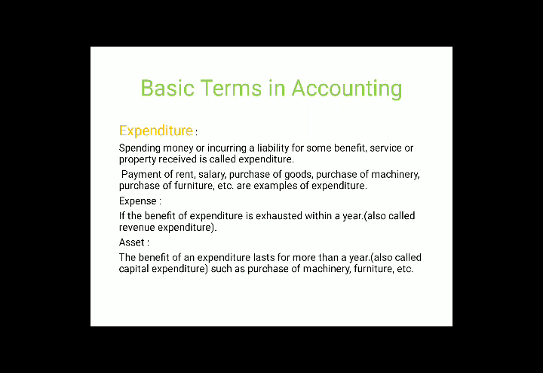There are two kinds of expenditure. If whatever you are acquiring is exhausted, used within a year, it is called revenue expenditure. Revenue expenditure will include your petrol expenses, your electricity bill, the rent that you're paying, or the royalty that you're paying to other companies.